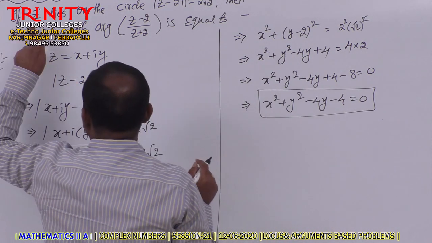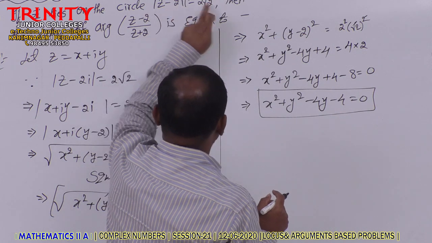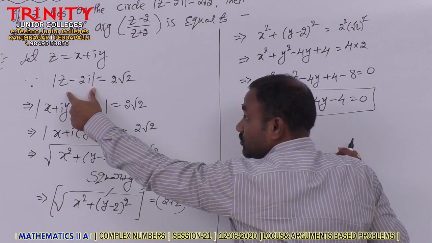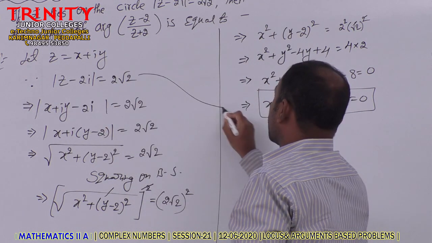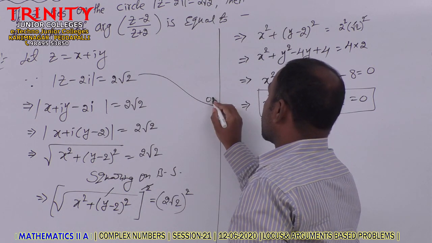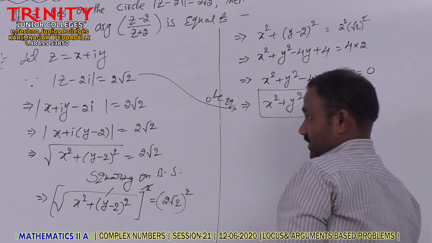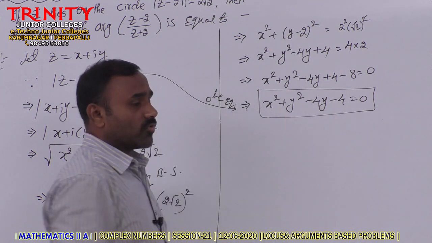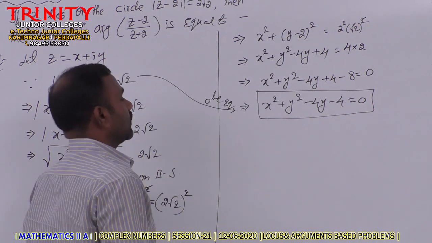That's why he was saying z lies on the circle modulus of z minus 2i equal to 2 root 2. We got the equation of the circle: x square plus y square minus 4y minus 4 equal to 0.